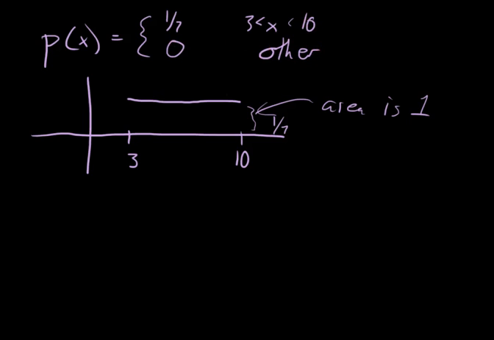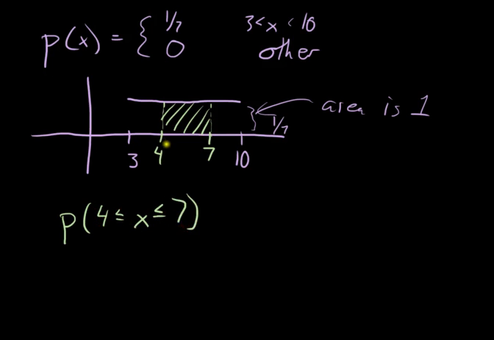Okay. What if we wanted to know the probability that X is not just between 3 and 10, let's say it's between 4 and 7. Well, this probability density function means you just go from the numbers you want, so the probability X is between 4 and 7 is going to be: start at 4, end at 7, draw a little box under your curve.